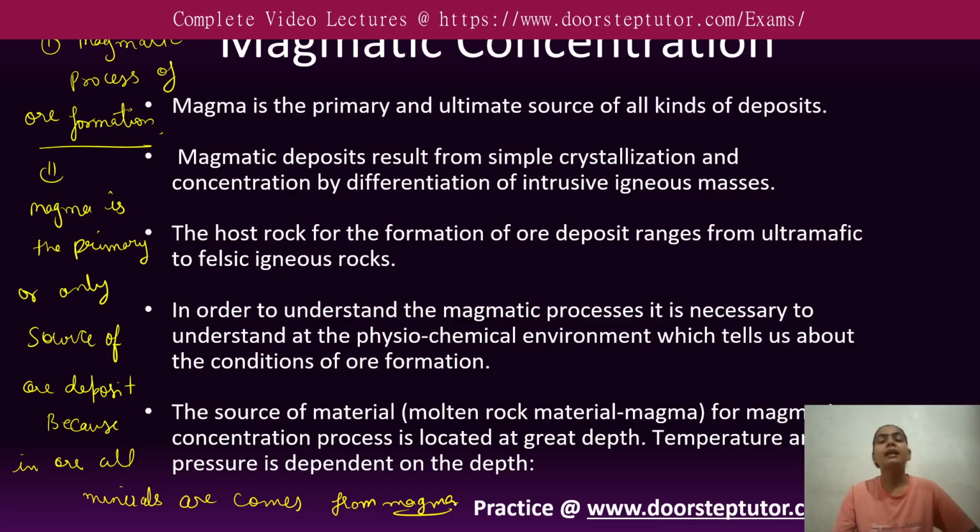So that is why magma is the primary source of the magmatic ore deposit. And what are the processes by which the ore forms?